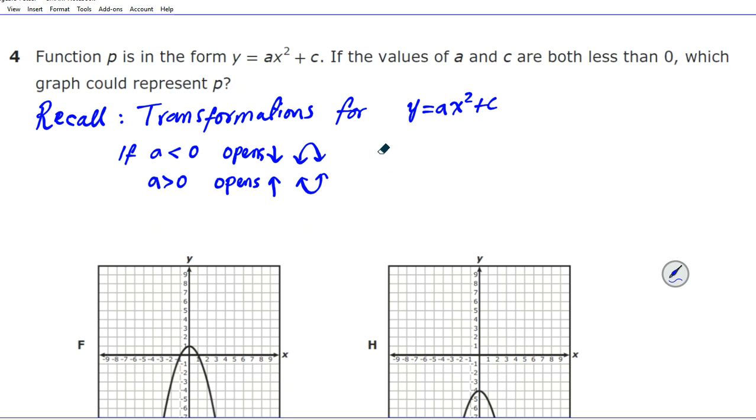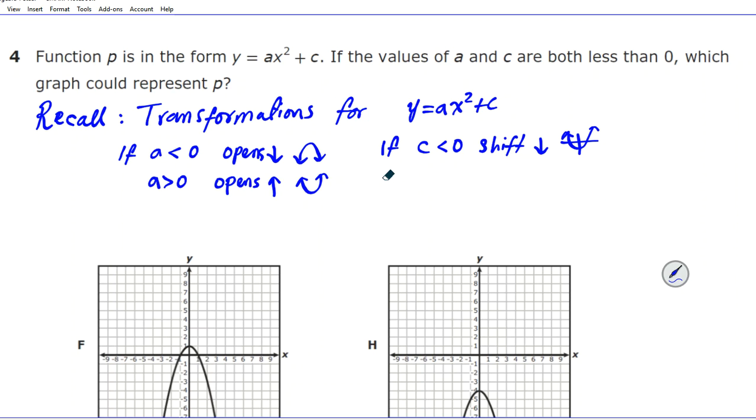Now, what about c? If c is less than 0, what happens is that we're going to have a shift in the vertical direction. Since it's negative, the shift is going to be downwards by that c value. So let's say you have your coordinate system like this. The parabola is going to be shifted downwards depending on the opening.